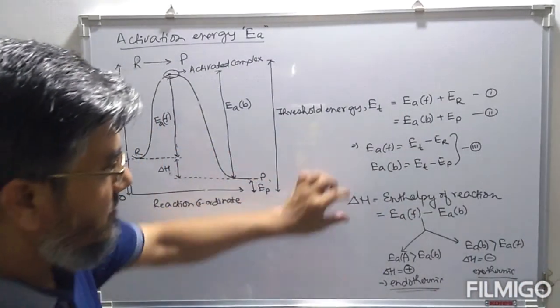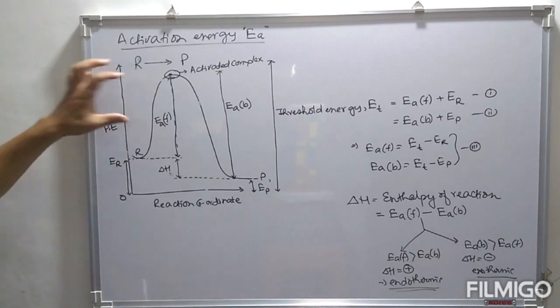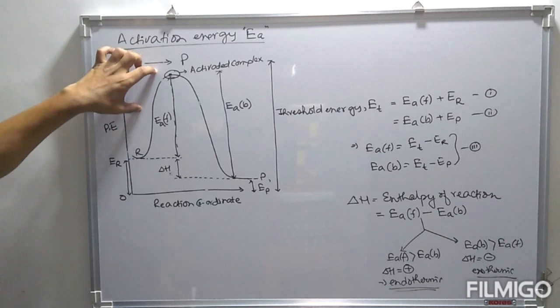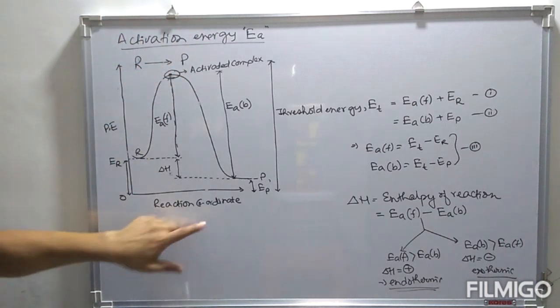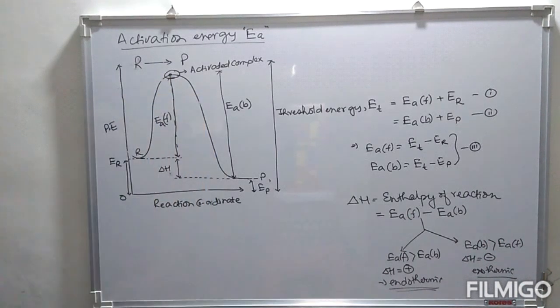So depending on the values of this delta H, we have to change this graph. So basically the graph is the variation of the energy of reactants with the reaction coordinate.